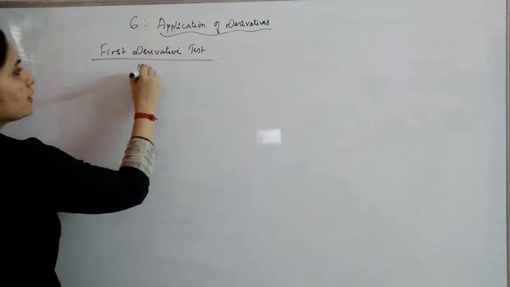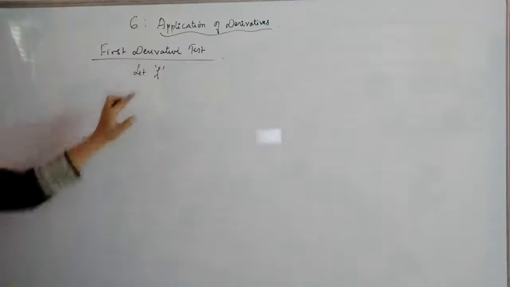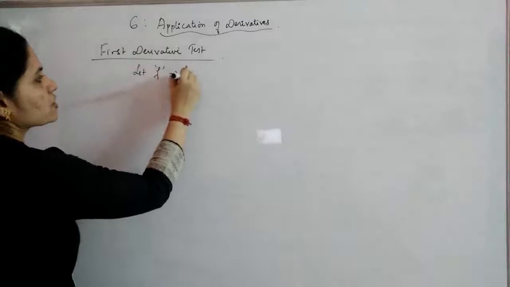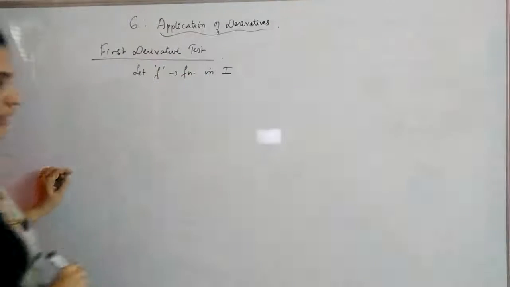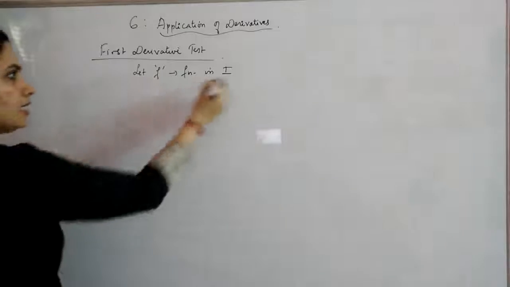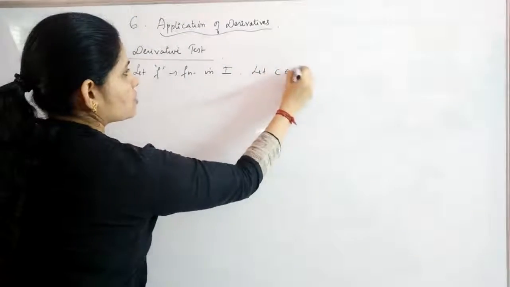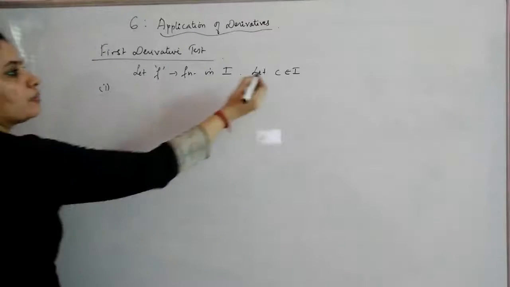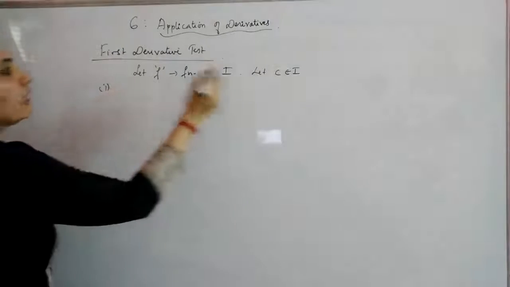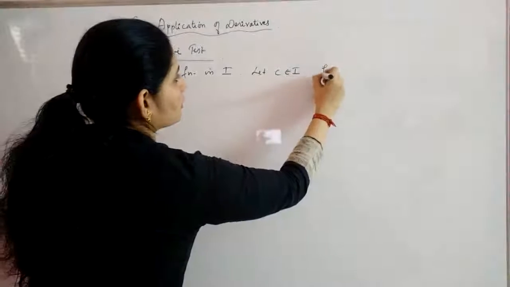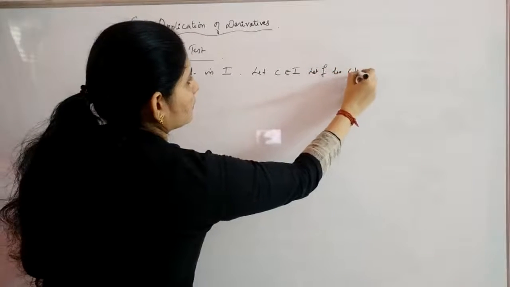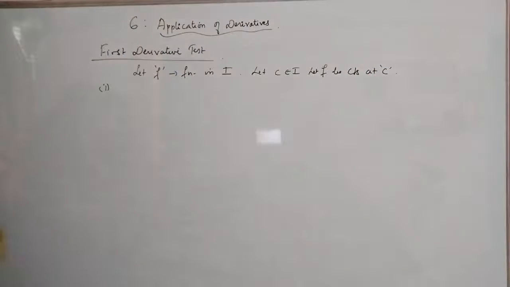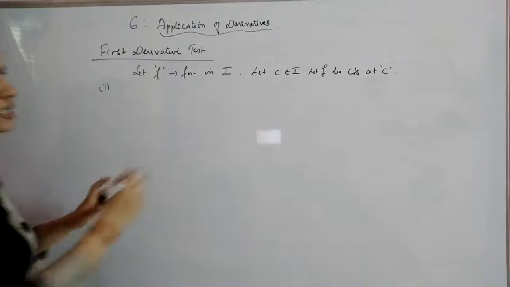So we are considering, let f be a function in the open interval I, and we are taking a point C belonging to I. Now in the first case, f is continuous at this point C. C is taken as a critical point.